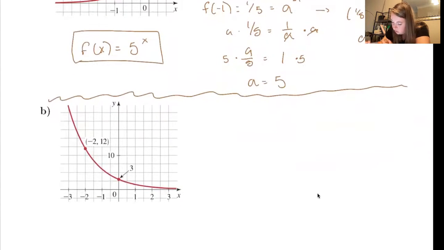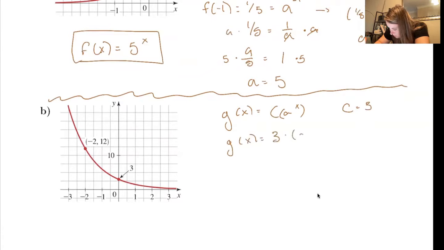So this one, let's call this one g of x. So we're getting g of x equals c a to the x. And then we're told this point right here is 3. So I'm told that c equals 3. So now I have that g of x equals 3 times a to the x.